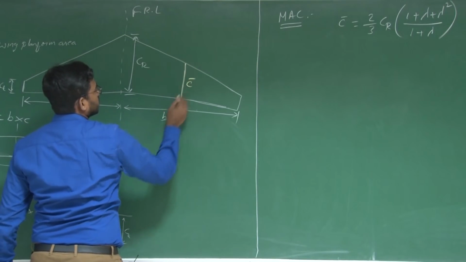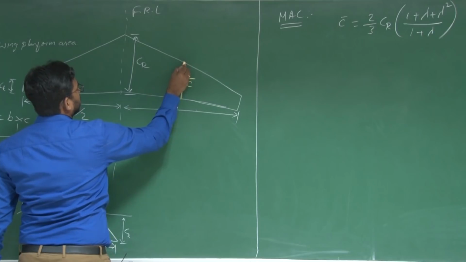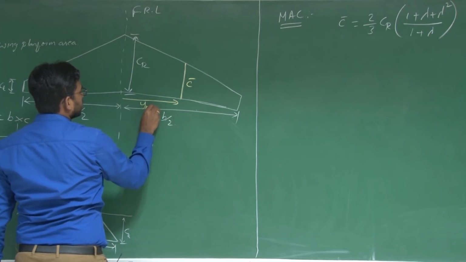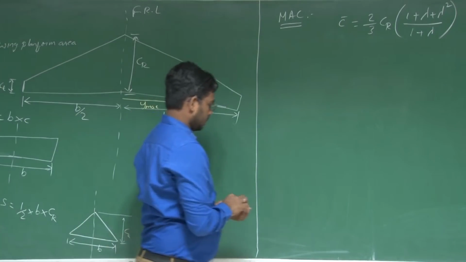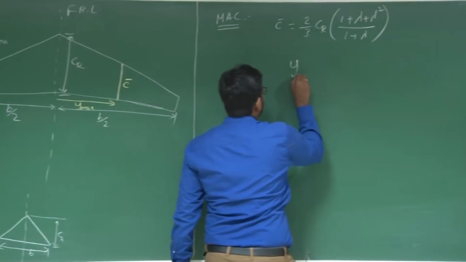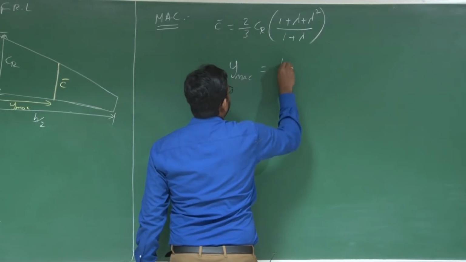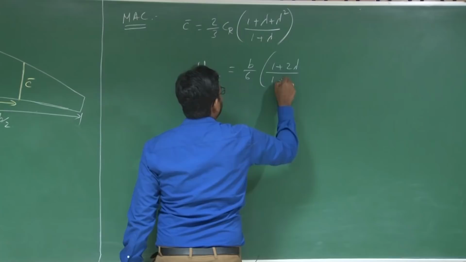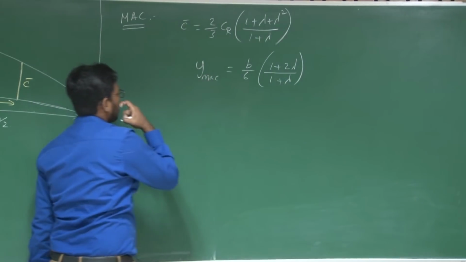So this is your C bar, and the Y location of this C bar, YMAC, is given by B by 6 into (1 plus 2 lambda) by (1 plus lambda).